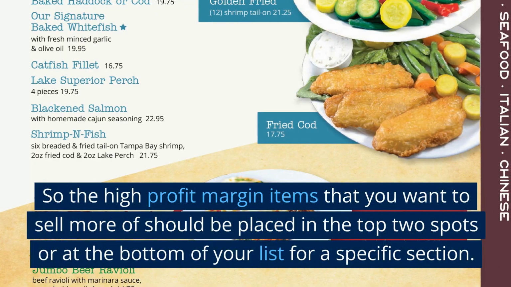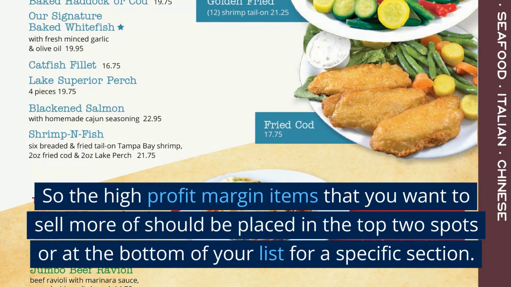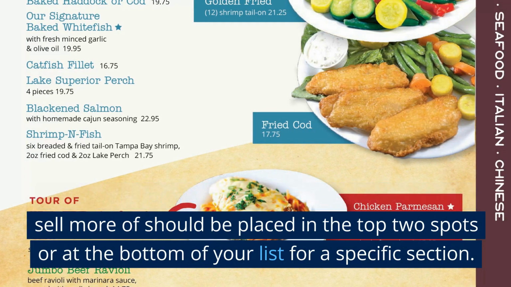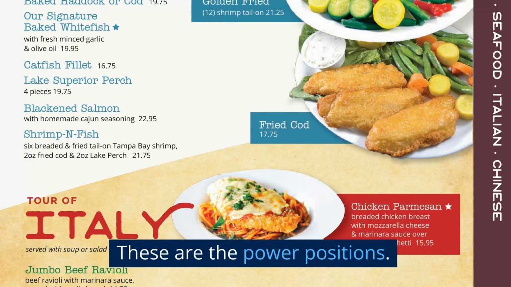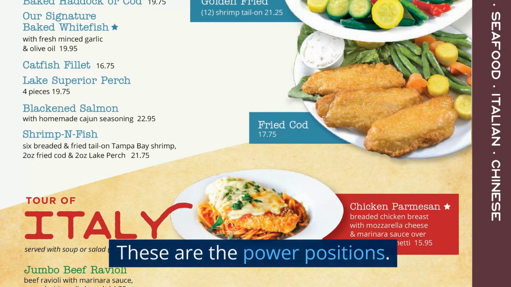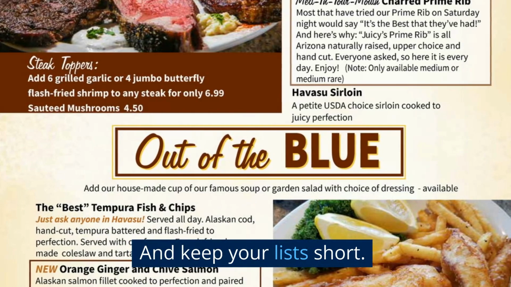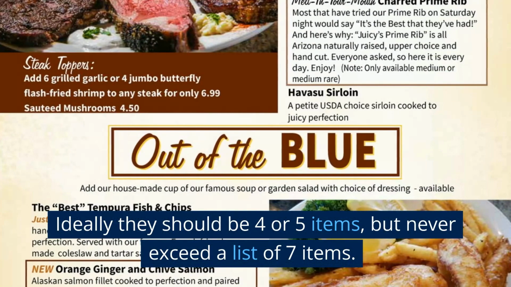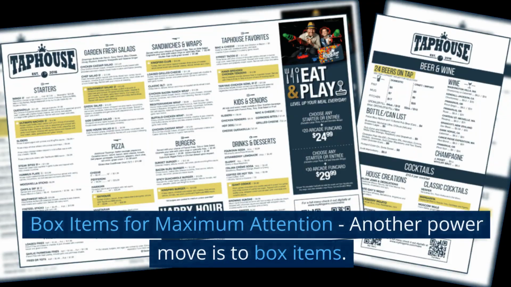So the high profit margin items that you want to sell more of should be placed in the top 2 spots or at the bottom of your list for a specific section. These are the power positions. And keep your list short. Ideally, they should be 4 or 5 items, but never exceed a list of 7 items.